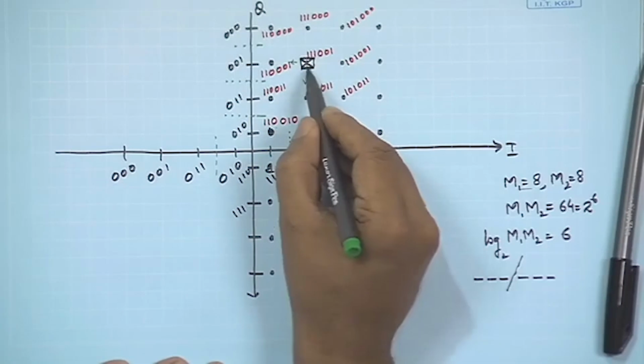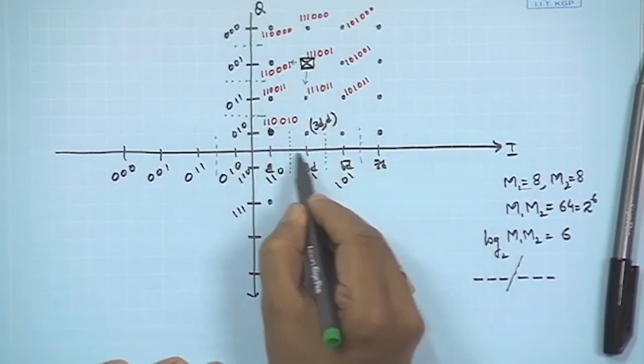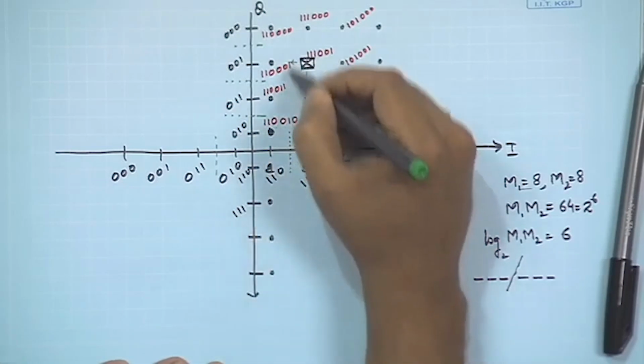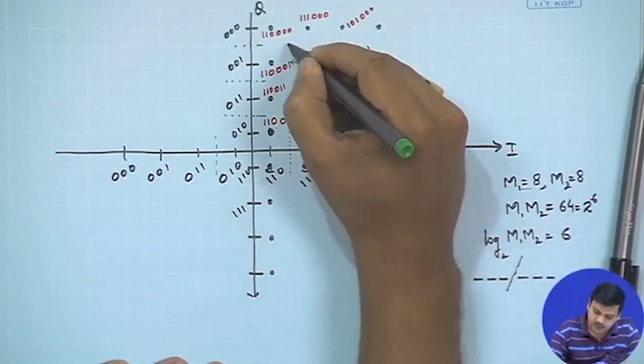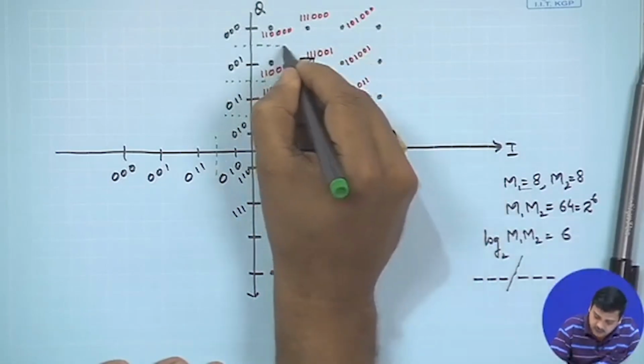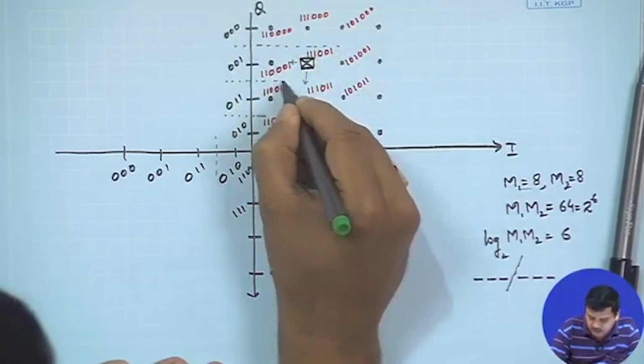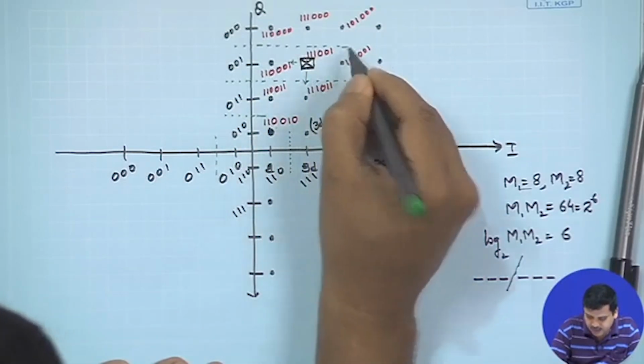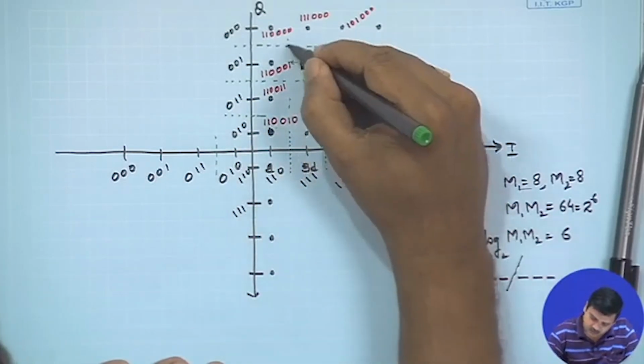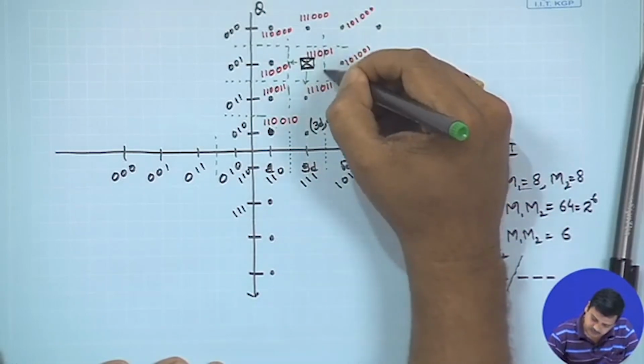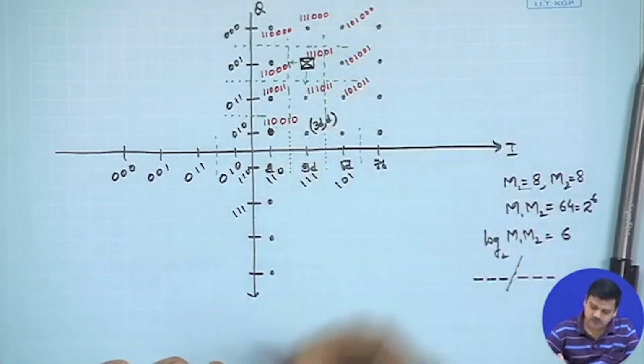However, if because of noise your I gets disturbed and Q gets disturbed, in that case your decision boundaries have to be extended to visualize what is going to happen. This, of course, we will see later.